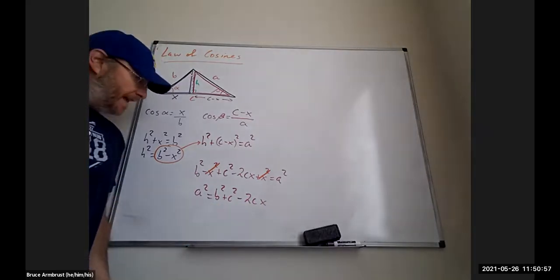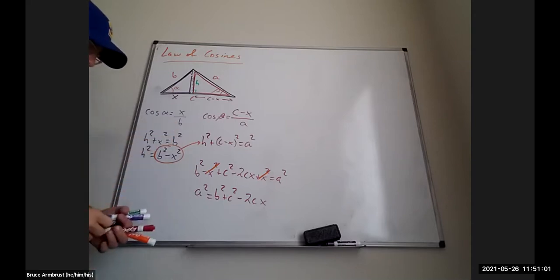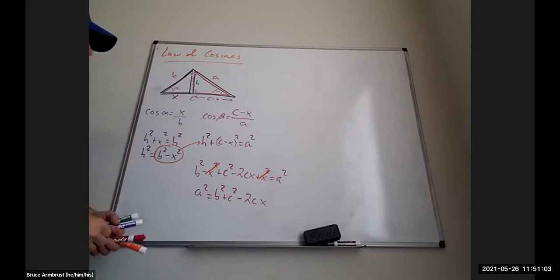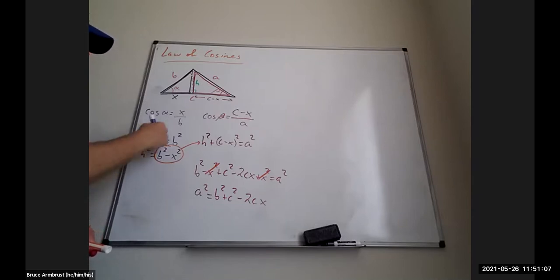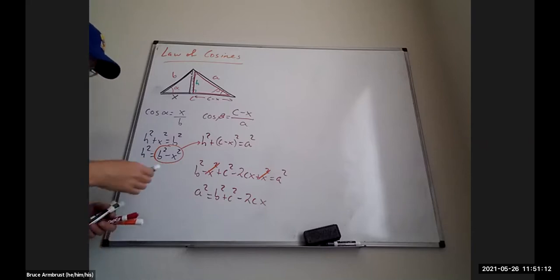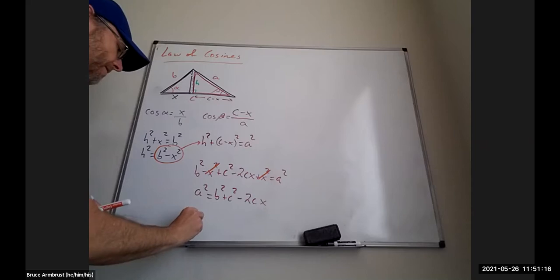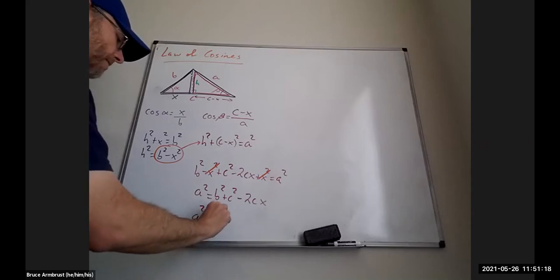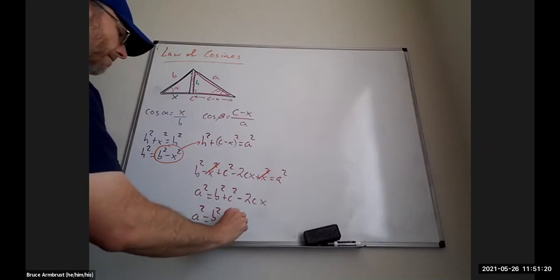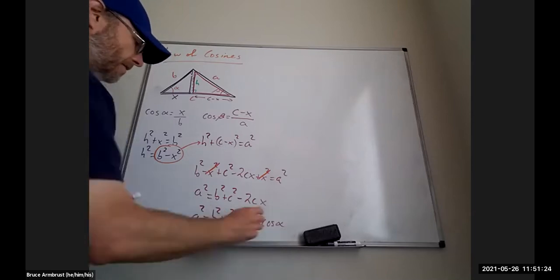Now, to get rid of that x, we're going to come back to this first cosine, because I can multiply both sides of that by b to get x equals b times cosine of alpha. So I'm going to put that in here. So that this turns into a squared equals b squared plus c squared minus 2bc cosine of alpha.